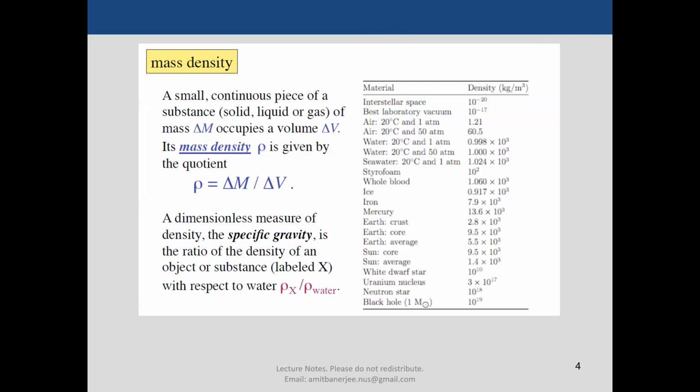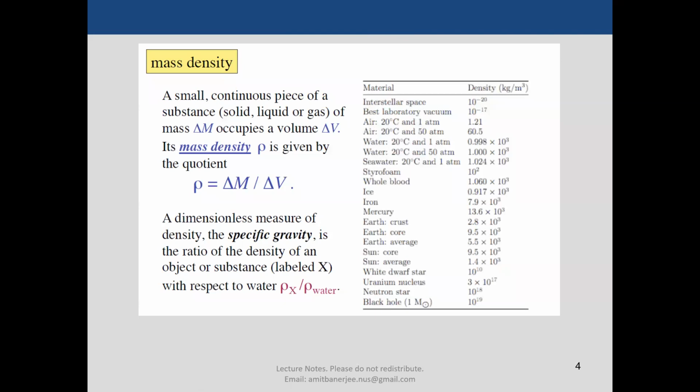In simple terms, the mass density is given by rho. It's like specific gravity, which is the ratio of density of an object or a substance with respect to water.